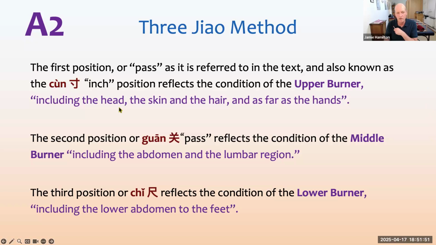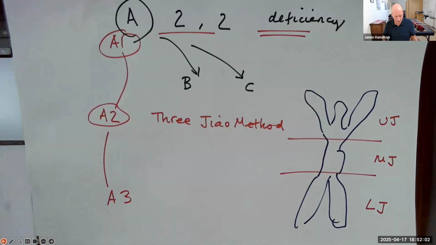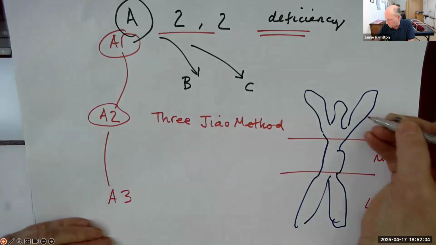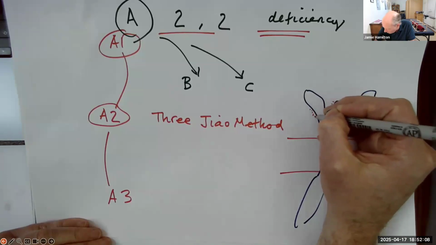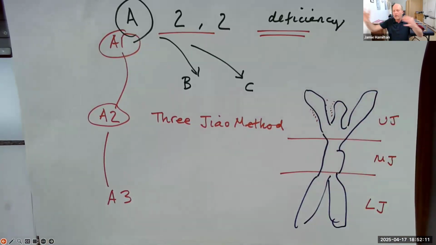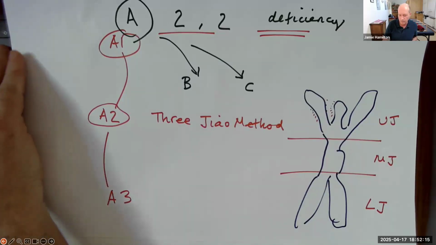And as it says, including the head, the skin, the hair, as far as the hands. Okay, so it's not just the head and hands and figure, but also the skin and the hair, the little hairs on the body. So basically, all the way out to the exterior is the upper jowl.